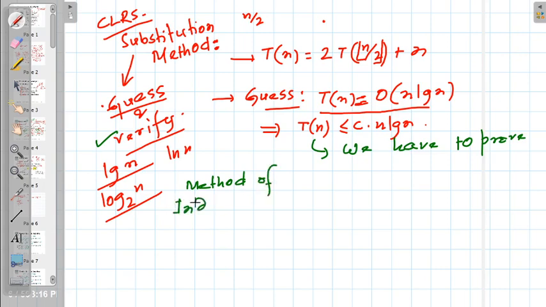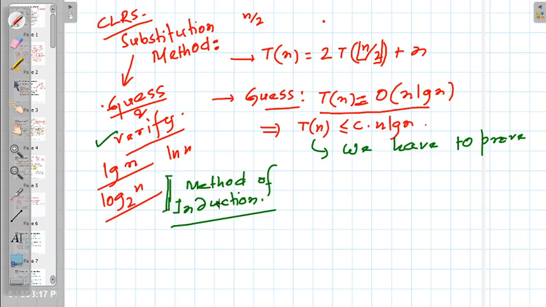That's why we will see that the master theorem, which we will be discussing, may not be able to solve all recurrences, but the substitution method can. It relies on a very good mathematical concept called the method of induction.